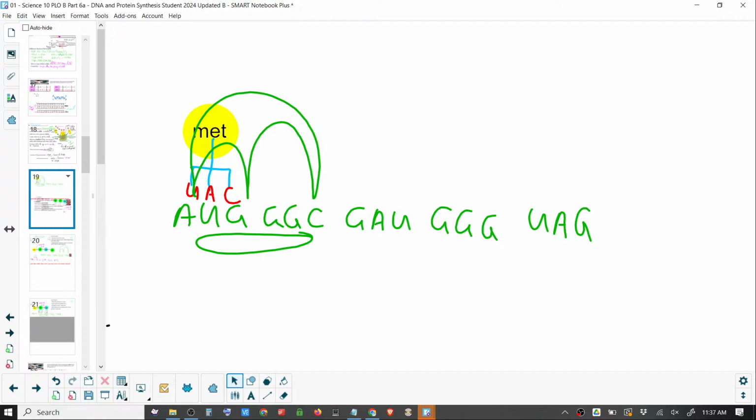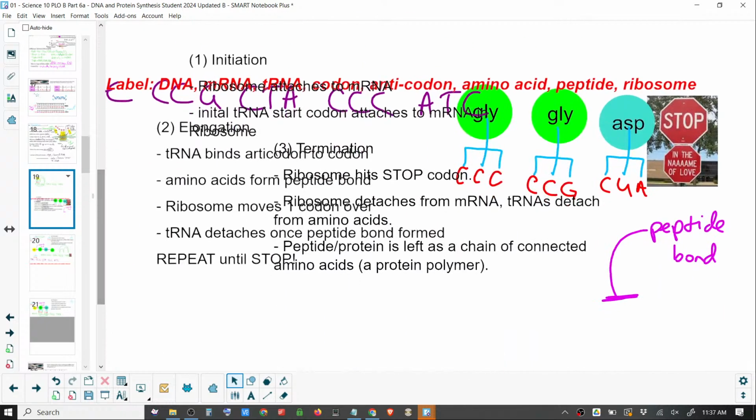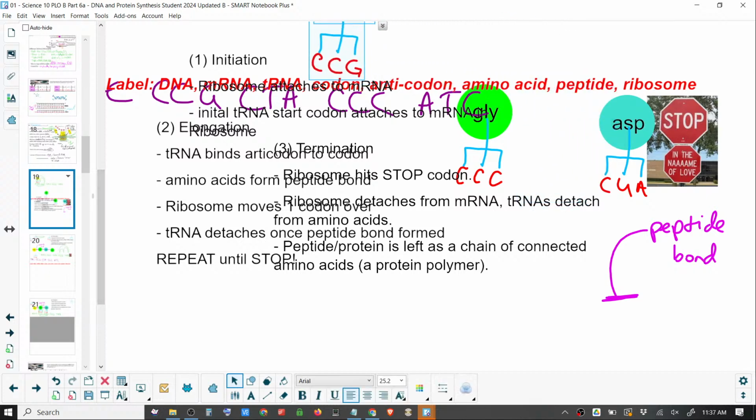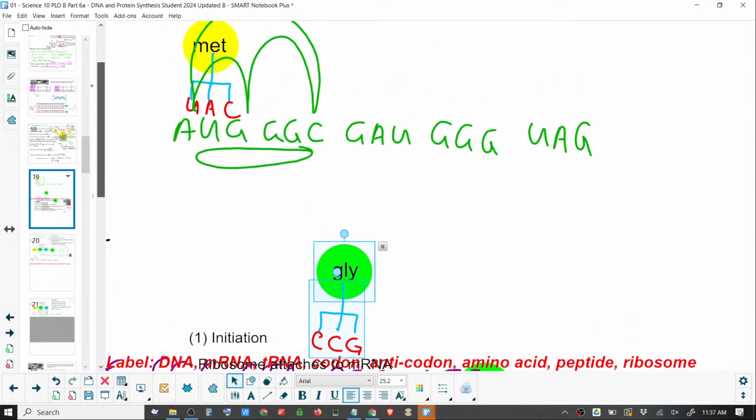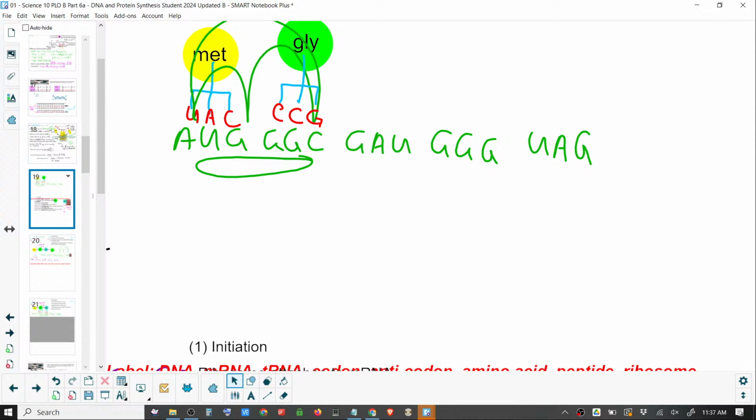Proline. Let's see if you're right. So, CCG is not proline, it's glycine. What mistake did you make? You looked up the anticodon. I said what amino acid goes on that, and you look it up on the table according to the codon, not the anticodon.